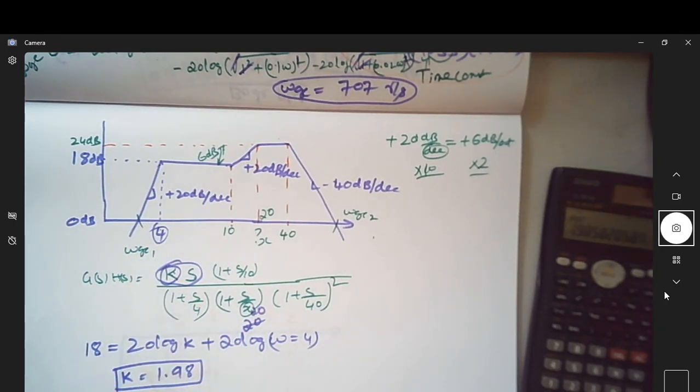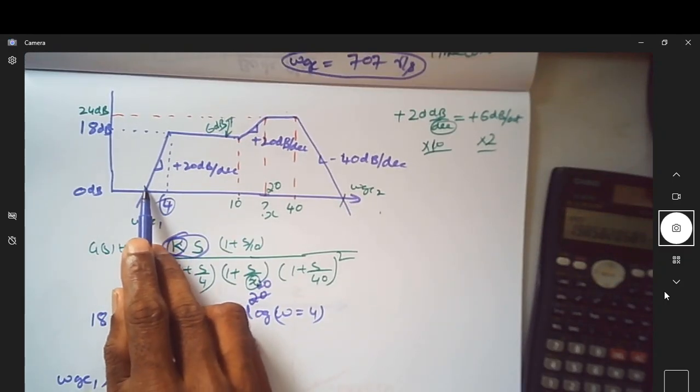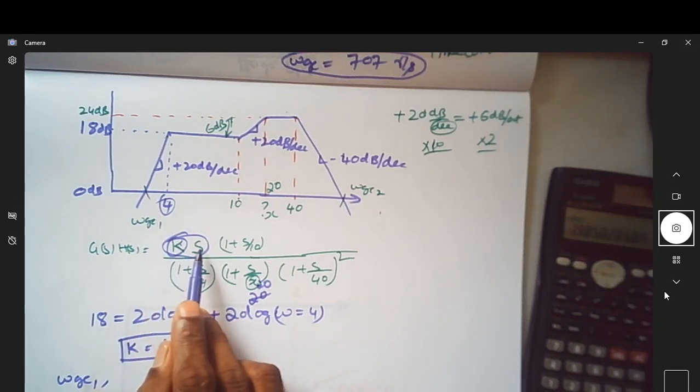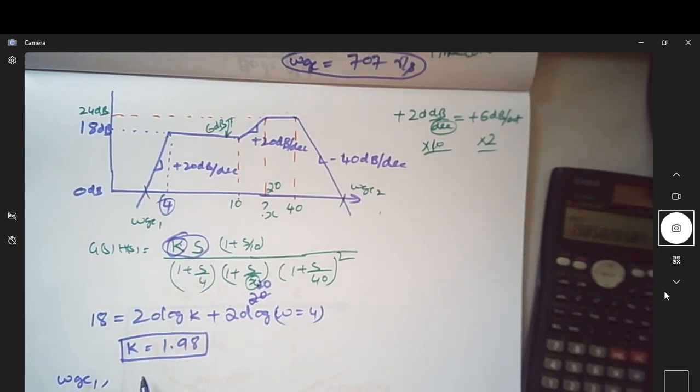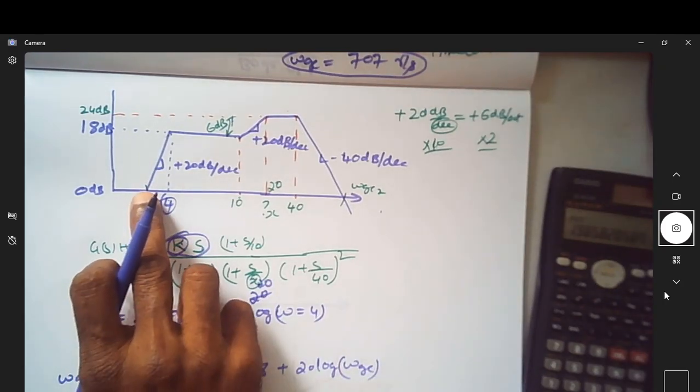So how do you find omega gc? To find omega gc1, you consider all the terms contributing at this point. At this point the terms contributing are k and s only. So shall I now equate that magnitude to 0? 20 log of 1.98, because we already found the value of k as 1.98, plus 20 log of omega gc, because I want to find omega gc.